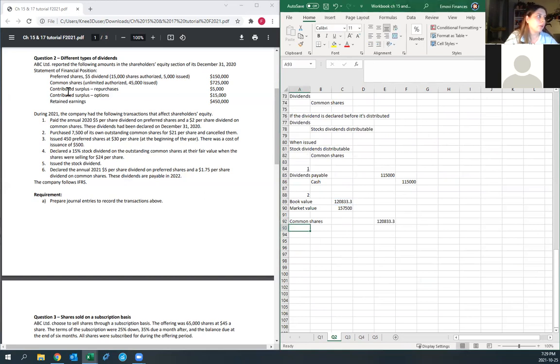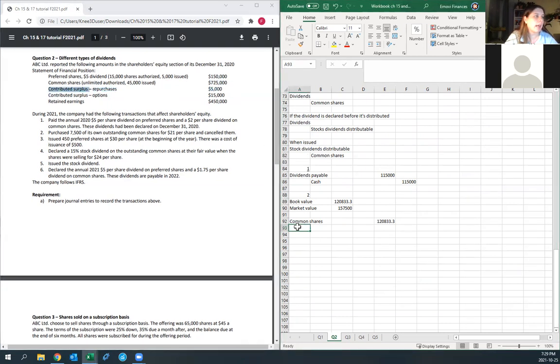Then you're going to look in your accounts. Do I have a contributed surplus repurchases? Yes, I do, for $5,000. So I'm going to put everything as a debit. And then, does this equal my market value? Not yet. I'm going to continue.